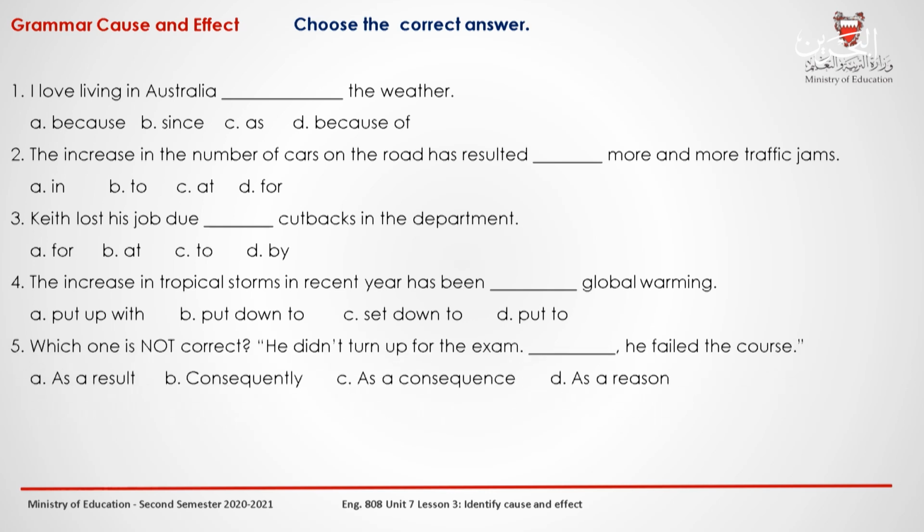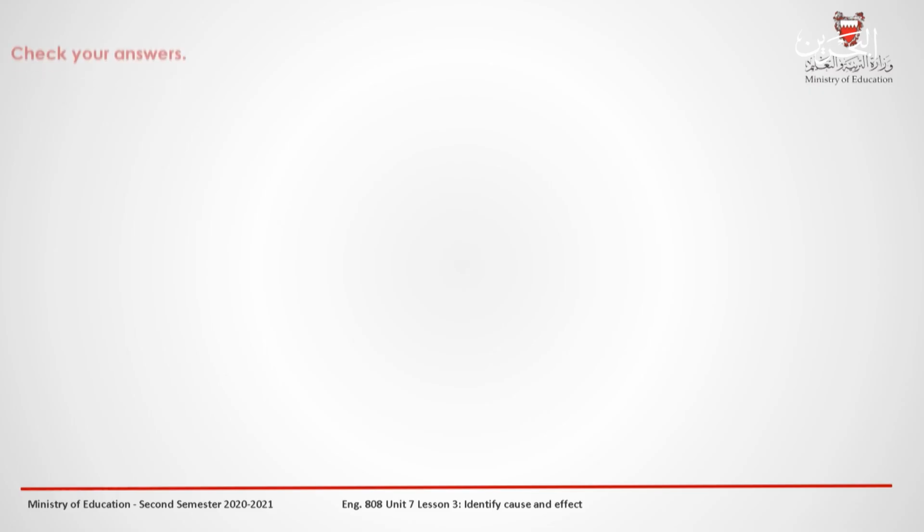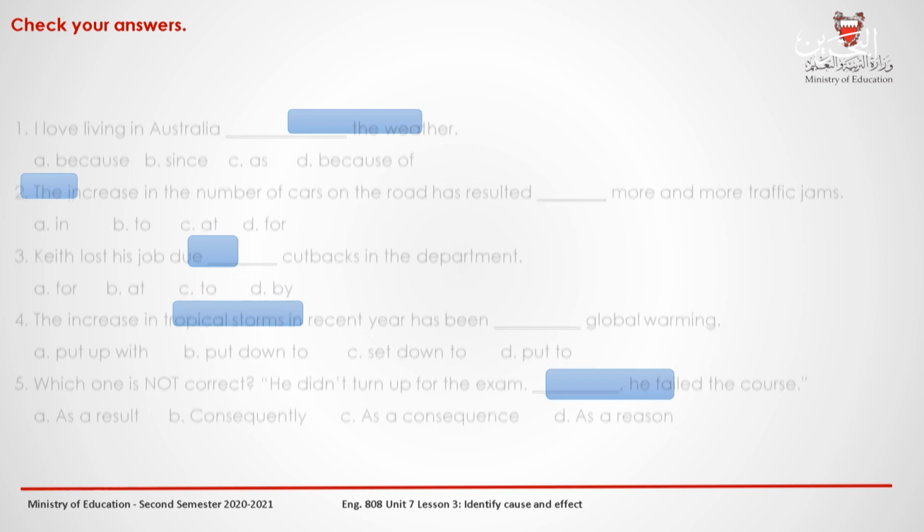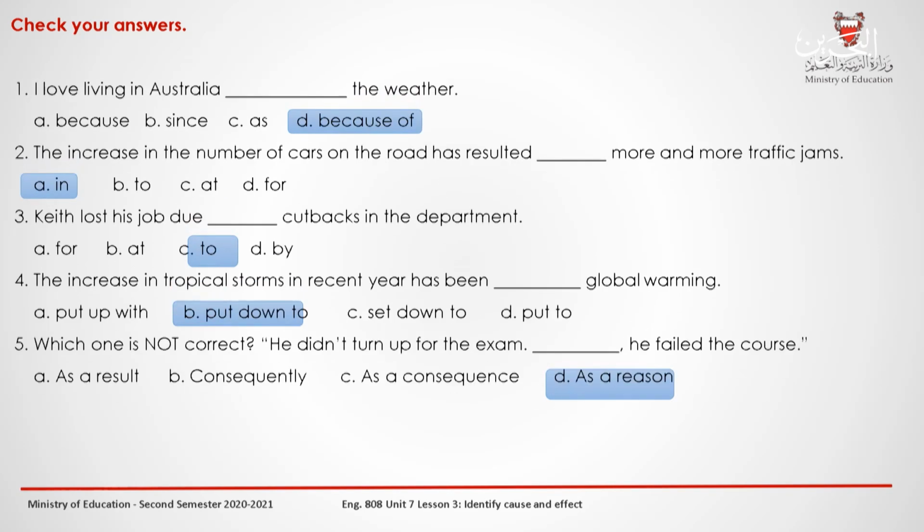Which one is not correct? He didn't turn up for the exam. He failed the course. As a result, consequently, as a consequence, as a reason. Now check your answers. Good job.